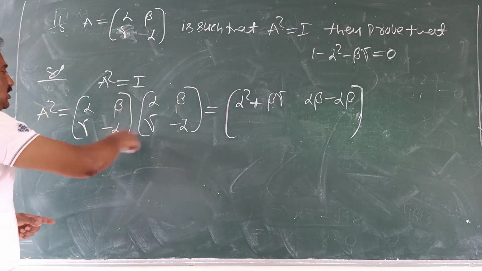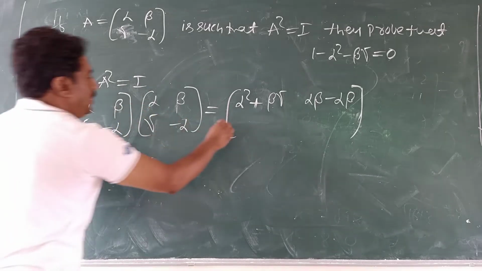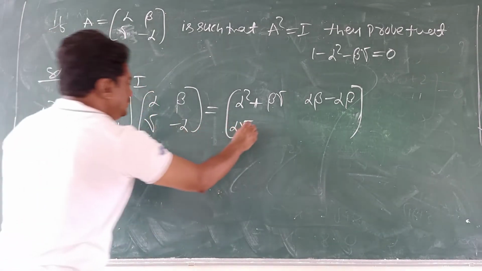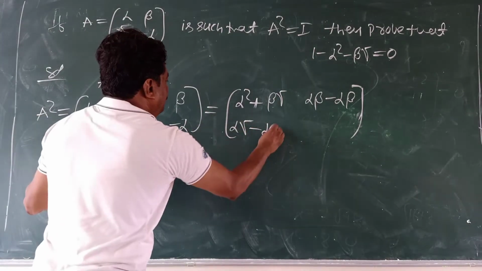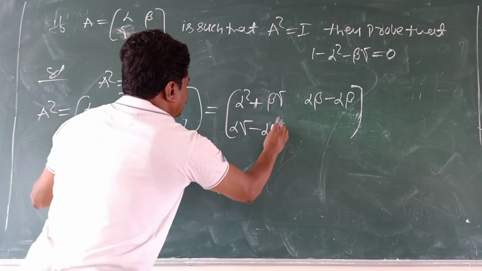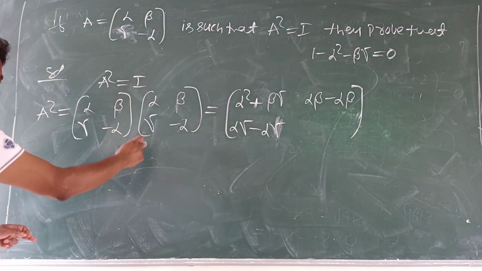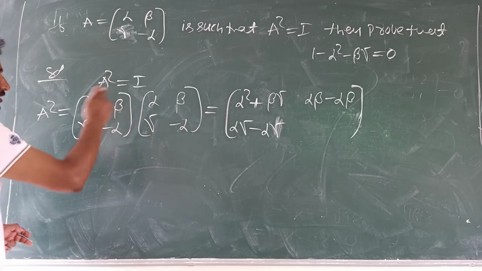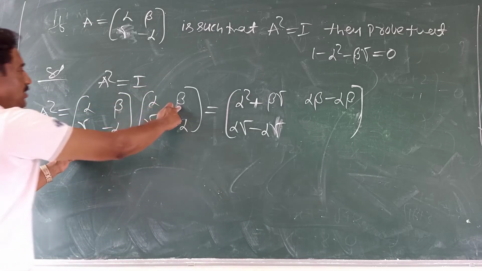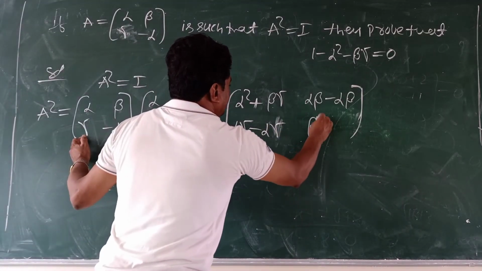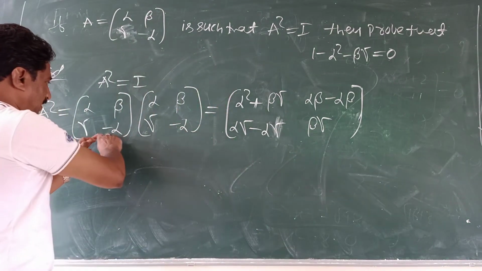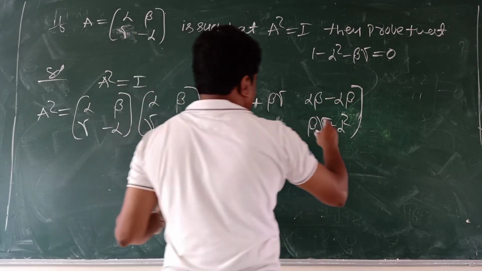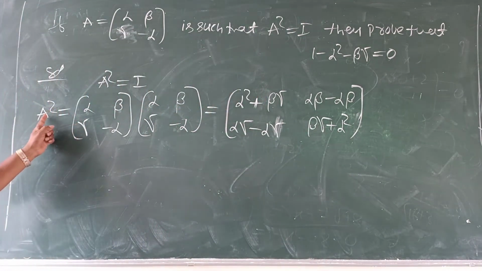Both are the same. A into B is the same as B into A. You all know that very well. Second row, first column: gamma into alpha, plus minus alpha into gamma, gives 0. Second row, second column: gamma into beta, gamma beta, plus minus into minus, plus alpha square. So students, we got A square.